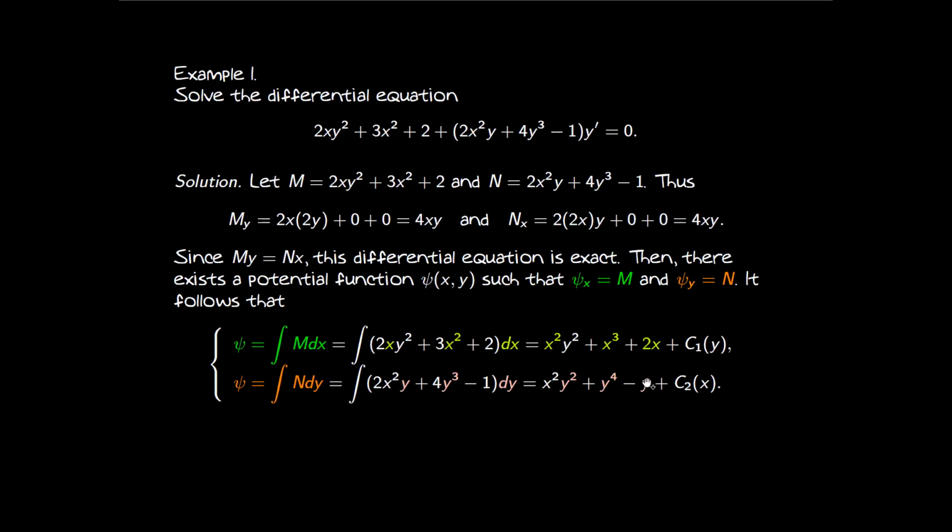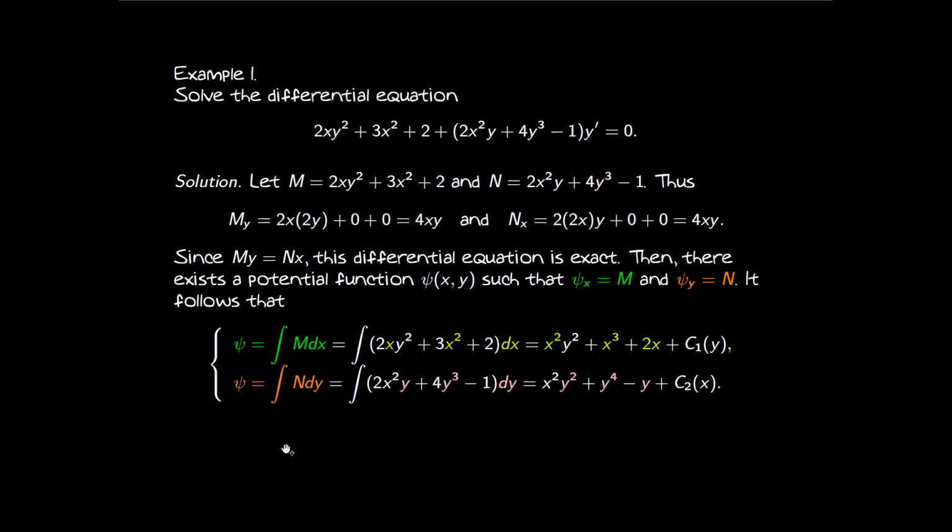Well, the reason is when we consider this second expression, our focus is on the y. So no matter what kind of x expression you have, they are just considered as constant. Okay, so that's what's going on. And similarly, you will see a couple of y terms are not observed in the first expression. Okay, it's just because they are actually included in the C1(y).